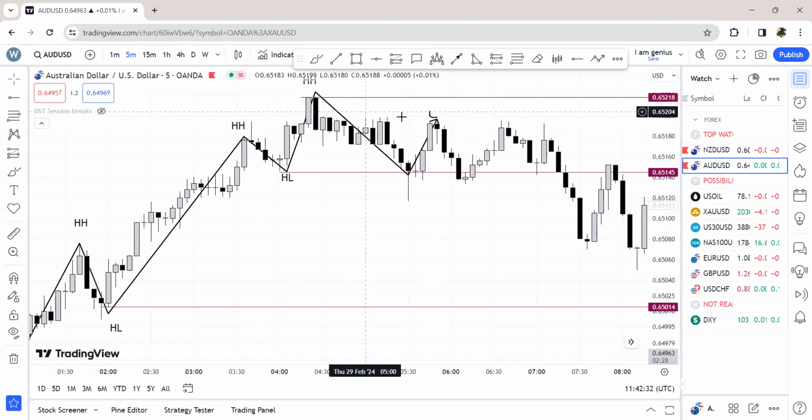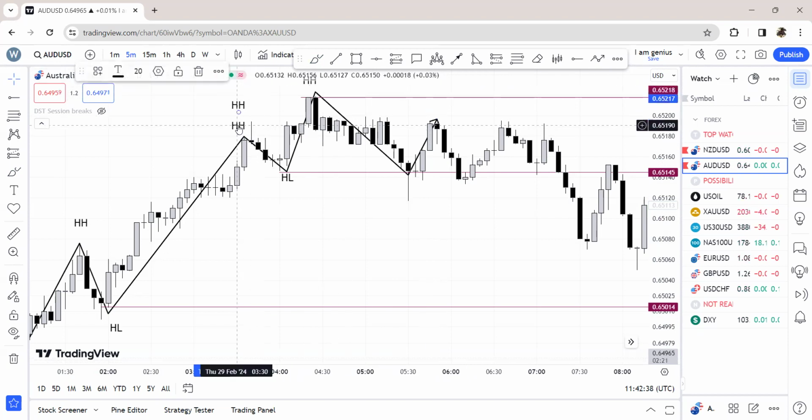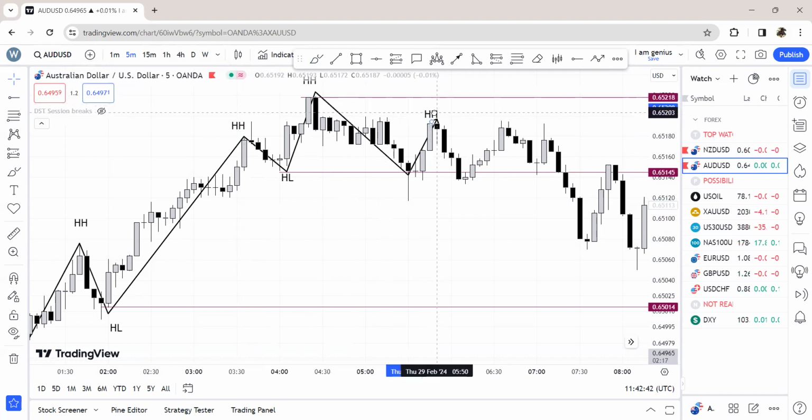So if you follow everything I'm explaining here, it just means that you become a pro at this in no time. Once you're able to do this, just near the current price action, you become a pro in no time.